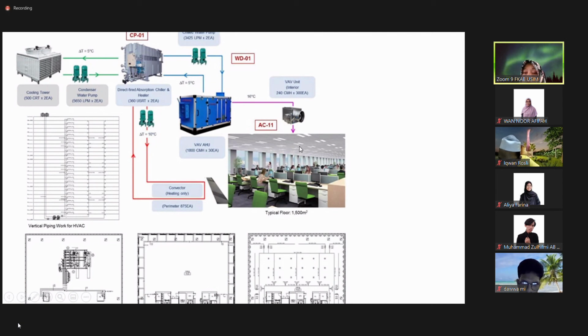The architect needs to design what kind of material to use as a ceiling area. Chiller. Apa dia chiller? Absorption chiller and heater. Ni biasanya ada hot water. Tengoklah kadang-kadang kondominium dia ada hot water. Okay. But it's inside chiller.